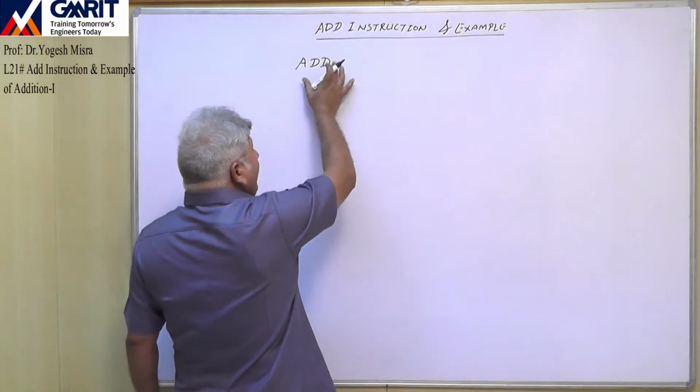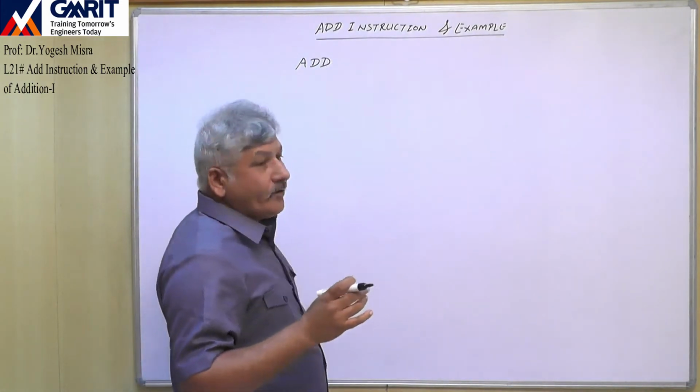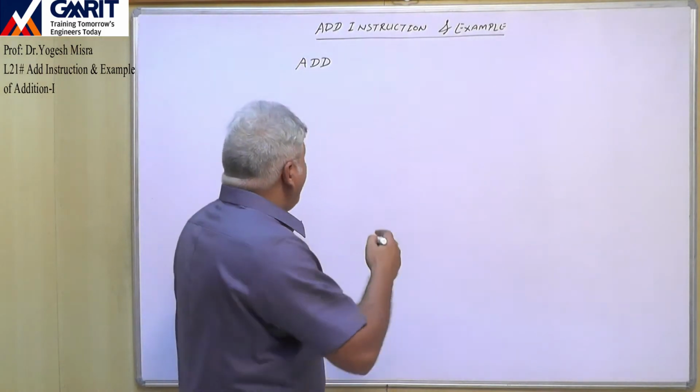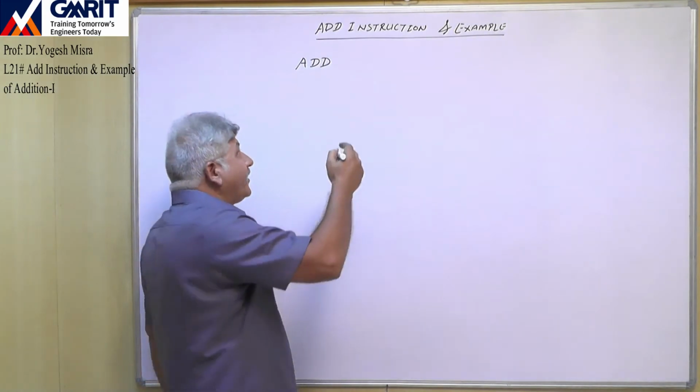Now with add instruction we require two operands because two numbers we will add, and one number must be in A register.